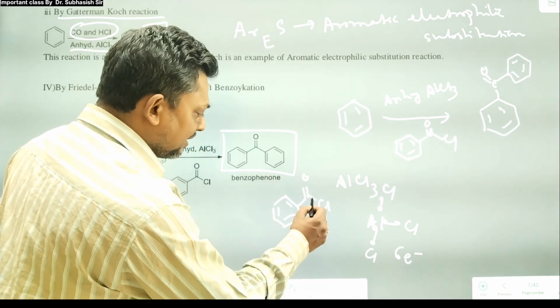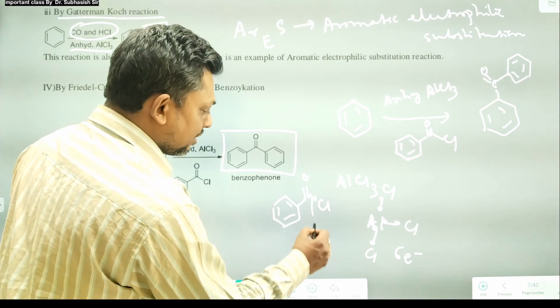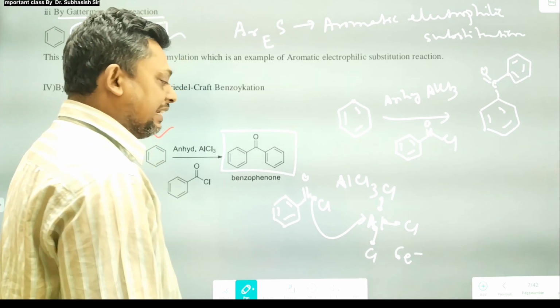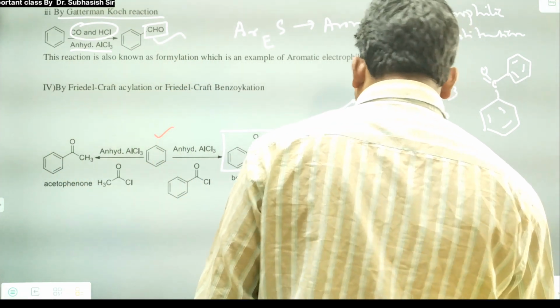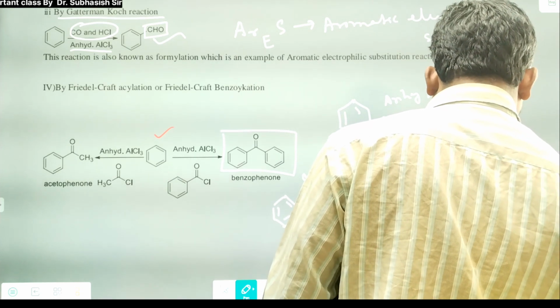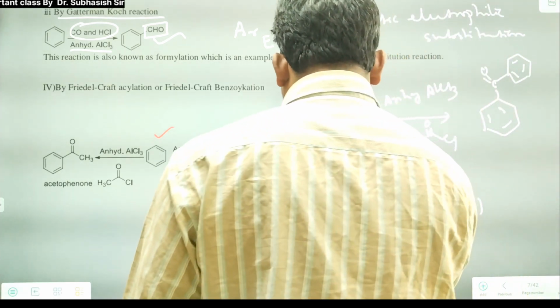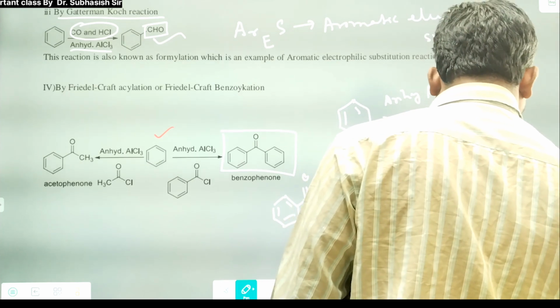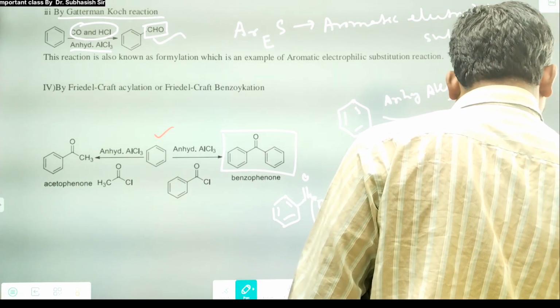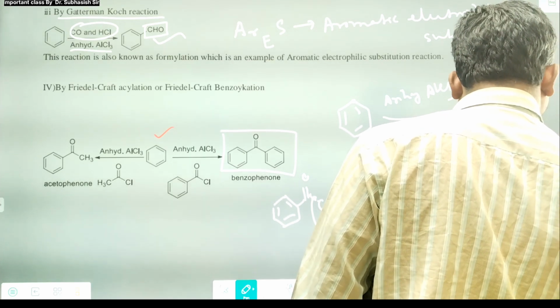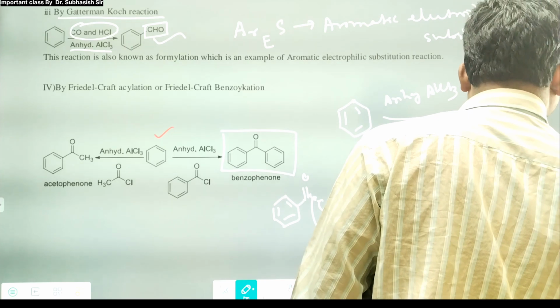Now what will happen? This chlorine will go here with its electrons, because every system tries to become stable. So if this electron pair with chlorine goes to aluminum, then AlCl3 will become AlCl4 negative, and at the same time you will get what? This electrophile, right?